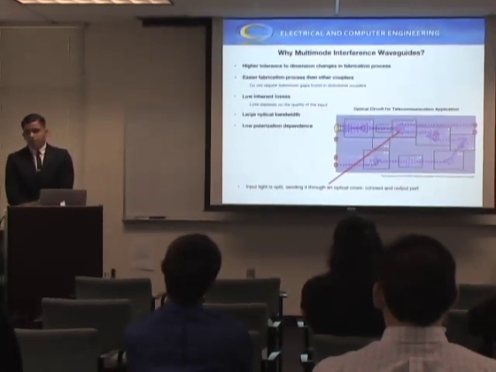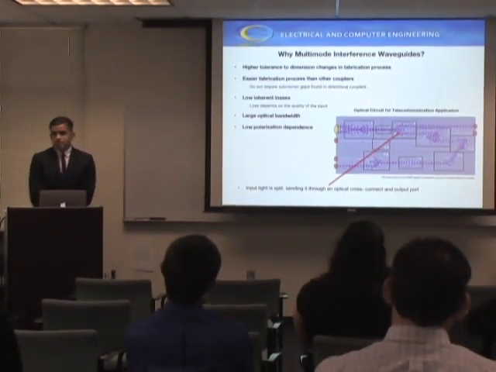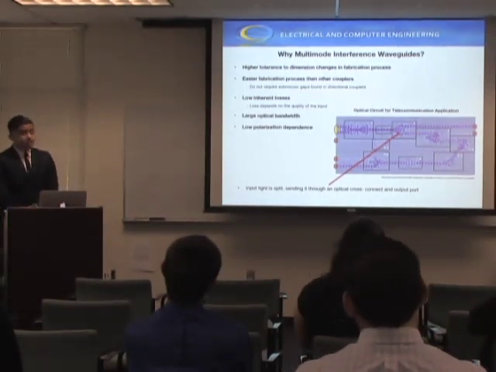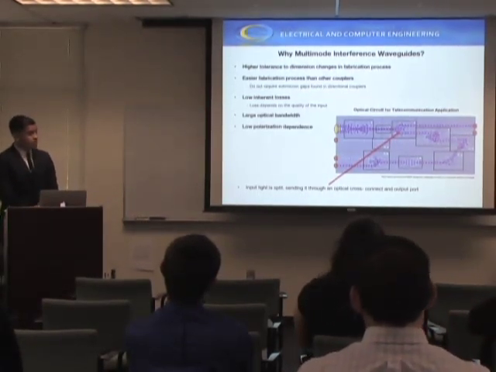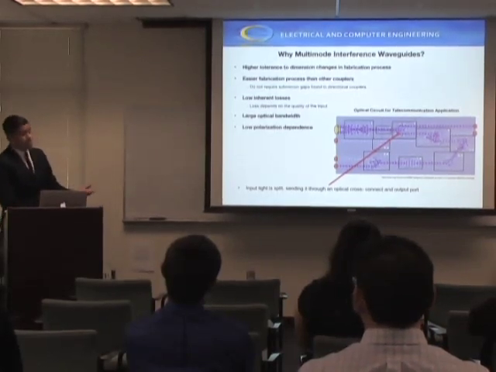So why multimode interference? As mentioned earlier, in the fabrication processes, we can get some variation in dimensions. Multimode interference devices are more robust and less affected by the small, minute changes in the fabrication process when working at such a small scale.